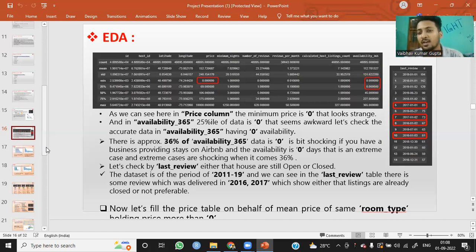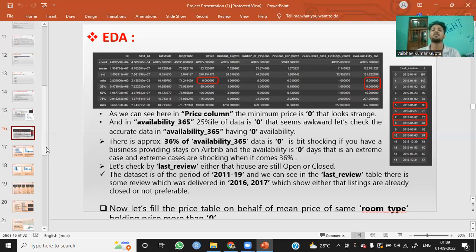You can see that the last review was given in 2017 or 2016, two to three years back, and about 85, 73, 67, and 61 rows respectively have availability zero. There are many others with last review in 2018 also.